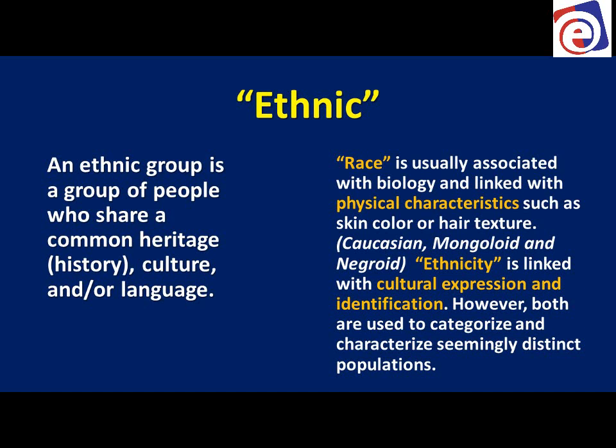There are many different ethnic groups, but there are 3 different races: Caucasian, Mongoloid, and Negroid. Can you say that? That is based upon color of skin, shape of the eyes, nose, mouth, and hair.